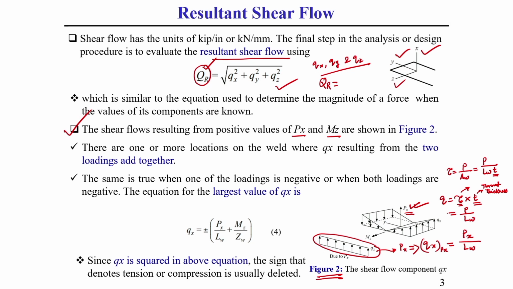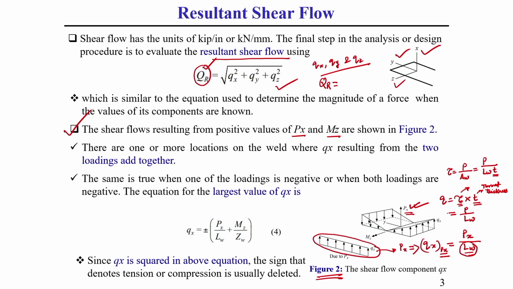So, from here you can easily find Q x due to P x, which is P x by L w. How does it come? Because Q is equal to tau into T, so this T will cancel out, and that is why there will be only L w.